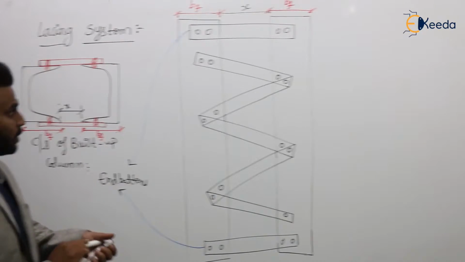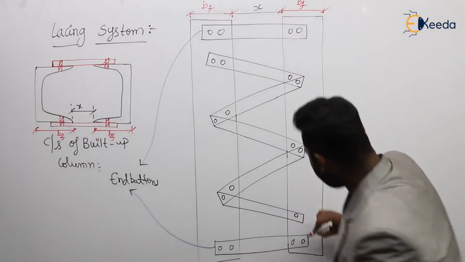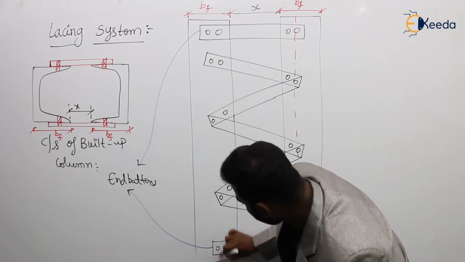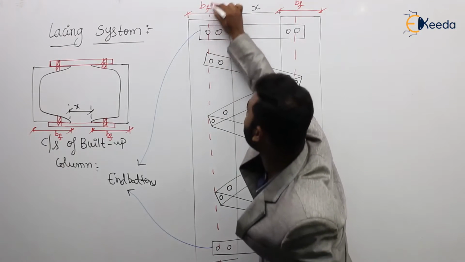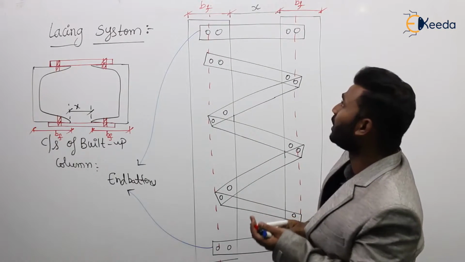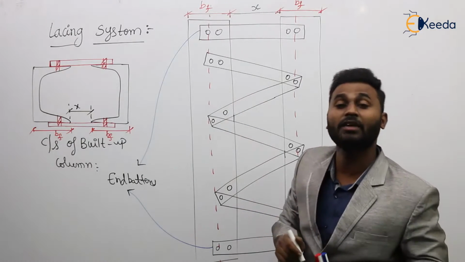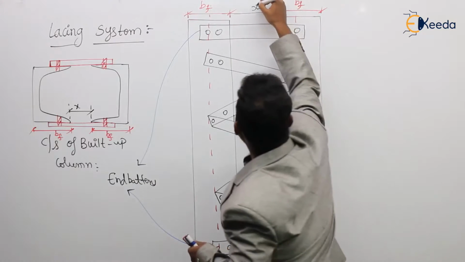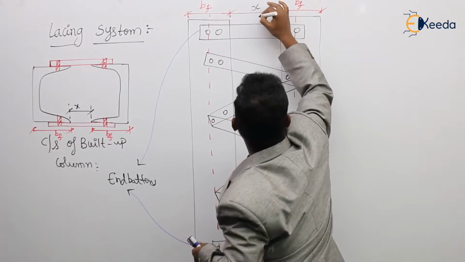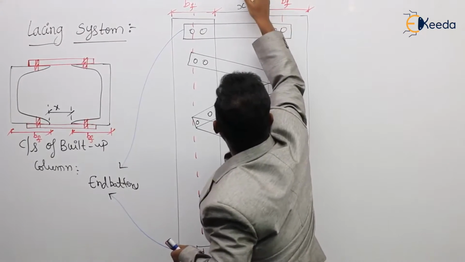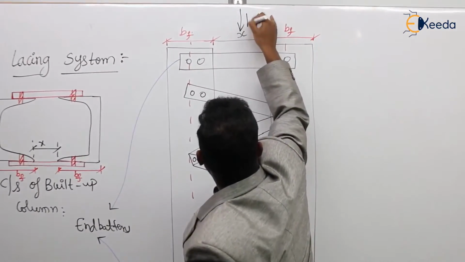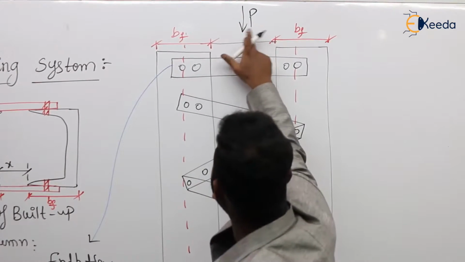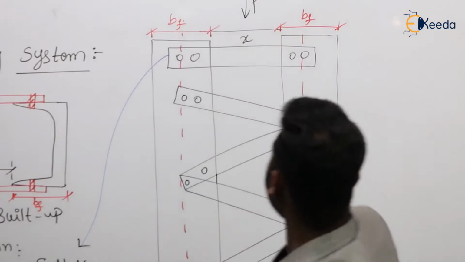Now if you observe, this is the longitudinal axis of the column, individual component. We provide a lacing system whenever the column is loaded by eccentric load. It means the load in the column is like this. Here I will show the load P, and this is the spacing X. Clear?